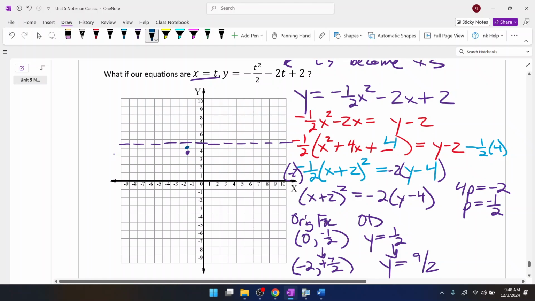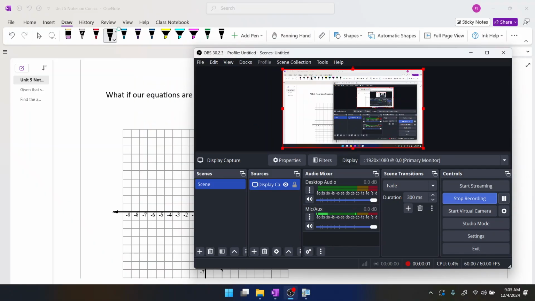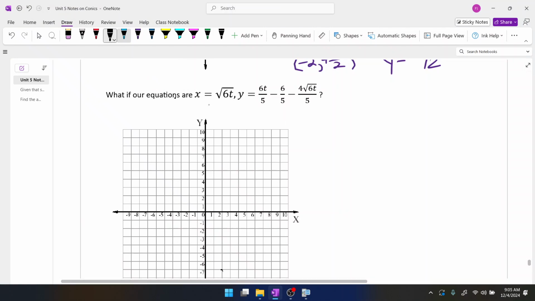Yeah. So the latus rectum is going to be 4 units, so it's going to look basically like this. And that's what we're going to do, is solve x equals the square root of 6t for t and substitute.